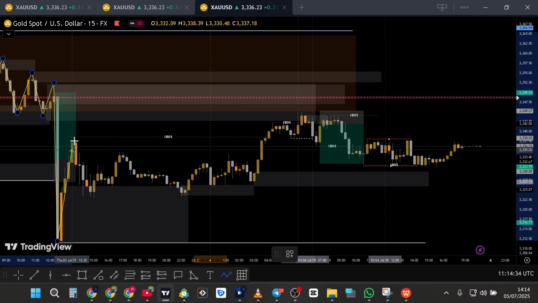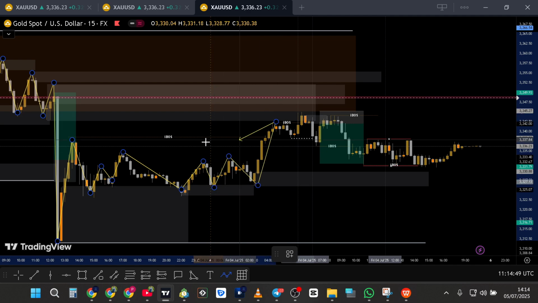So zooming in, we see that price now did have a change of character, but somehow it was giving us some confluences like it wants to continue to the upside. So we had price ranging like that, and then it broke this high, then came down.